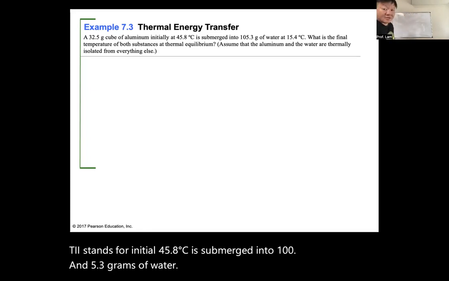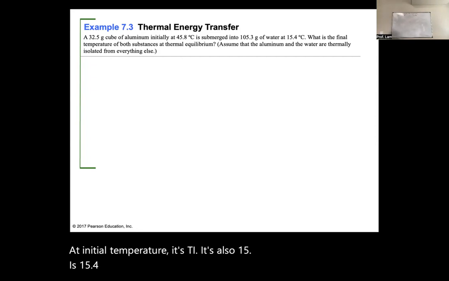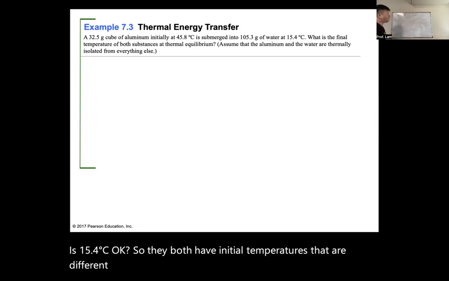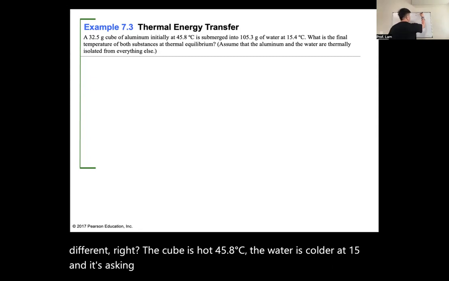At initial temperature, its TI is also 15.4 degrees Celsius. So they both have initial temperatures that are different. The cube is hot, 45.8 degrees Celsius. The water is colder at 15.4, and it's asking for what is the final temperature.